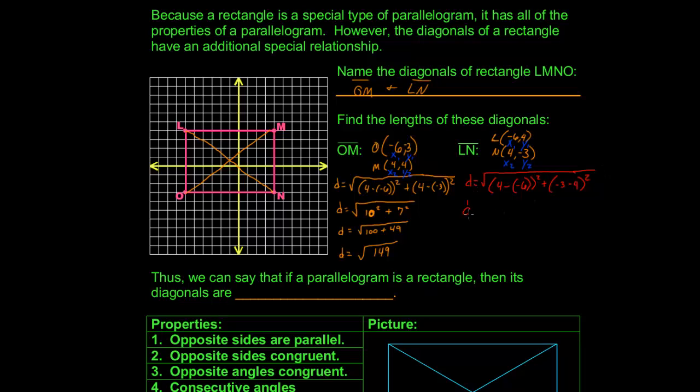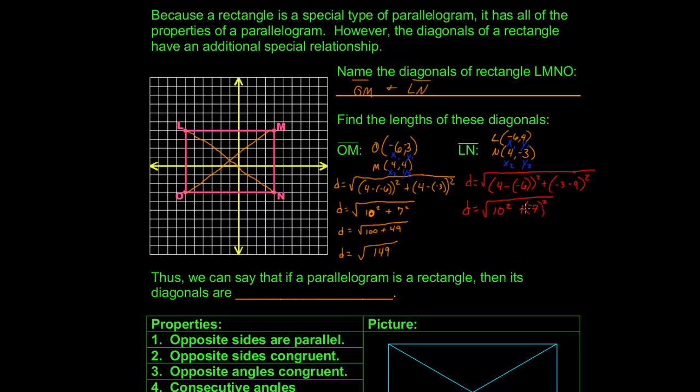All right, so D equals 4 minus a -6. That looks familiar. And so that's going to be 10 squared. Let's start this. We've got 10 squared plus, we have here a -3 minus 4, two negatives, so we're going to add the 2 and keep the sign. So you're going to add the 2. It's going to be a 7. Keep the sign, which will be a -7 squared.